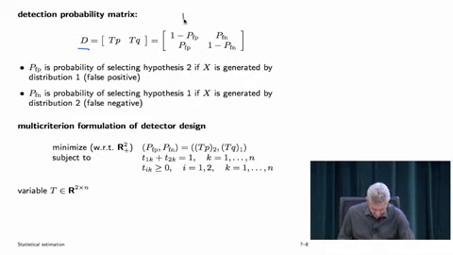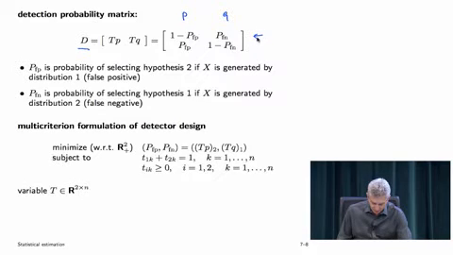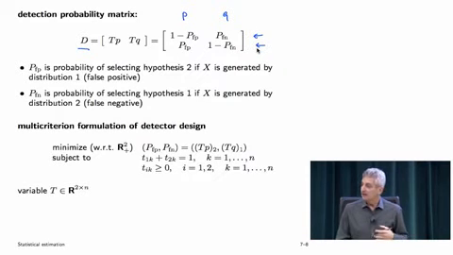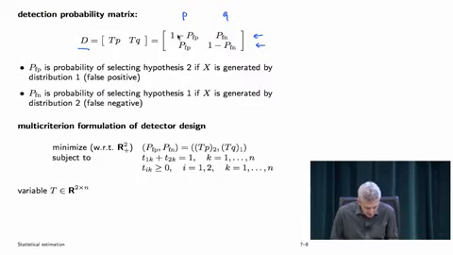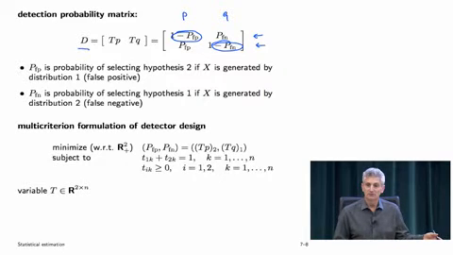If P is the true distribution, or Q is the true distribution, this tells you the probability of selecting the correct one, right? Being right means capital X came from distribution 1, and you announced that it came from distribution 1. And you can swap 1 with 2, and that's being right.